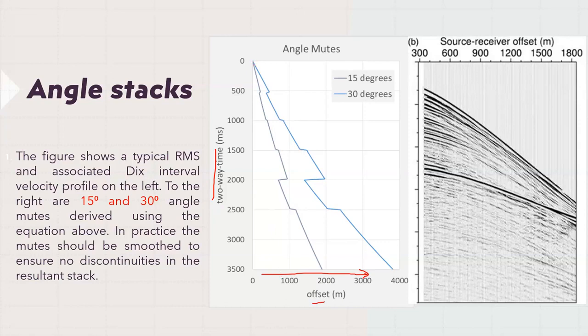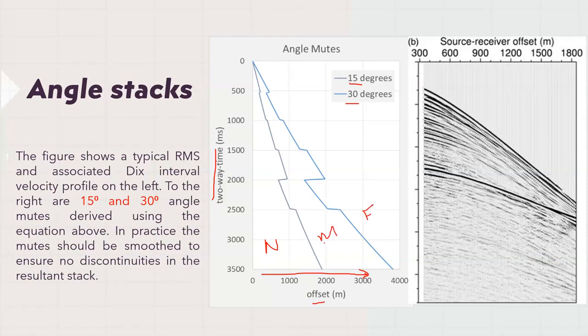You can see this is the angle mute we can do. When we draw this curve, the first one is the 15-degree curve, this is your 30-degree curve, and the rest is above 30 degrees. So this is the near, this is the mid, and this is the far stack.